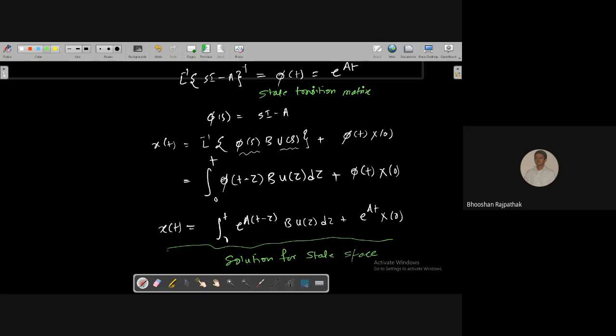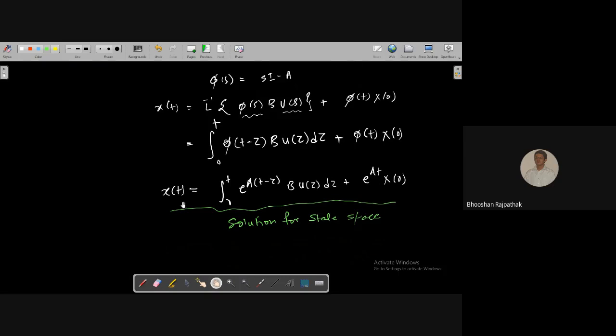See the advantage of state space which we discussed, two advantages. In that, one advantage is any state you can obtain for any time t. So that is given here. You can decide what time t you want. At that time t, you just solve this and you will get the value of state.